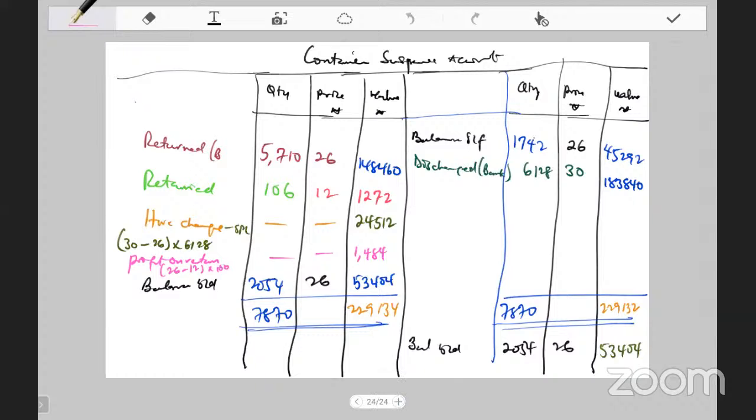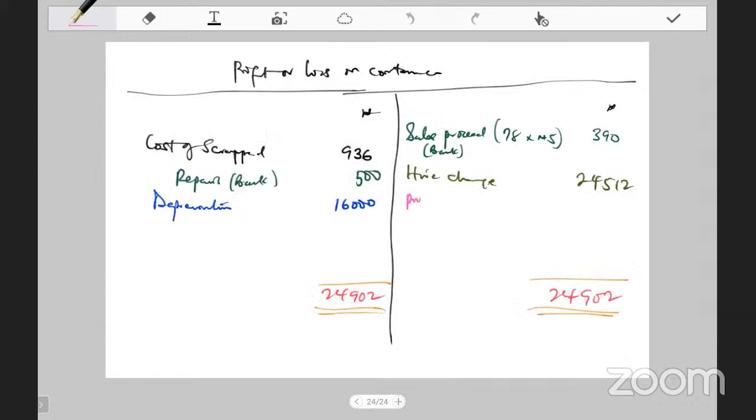Okay. So I will now account for the profit. Profit on retain. How much did you call that? 1,484.